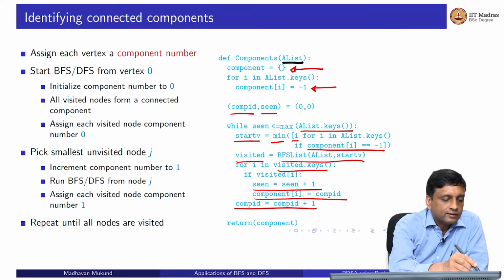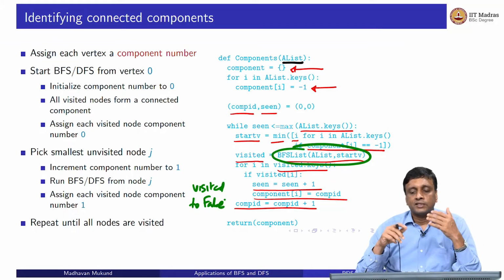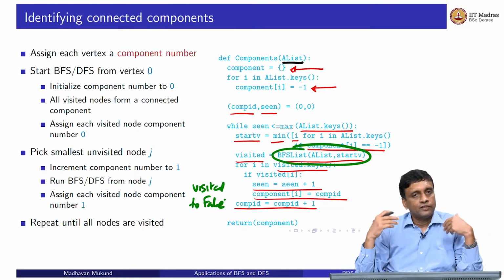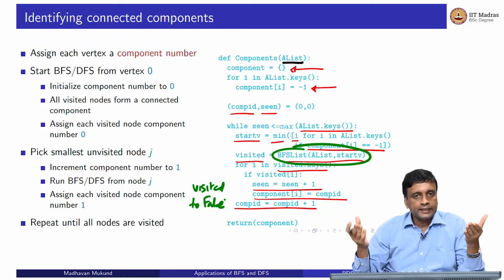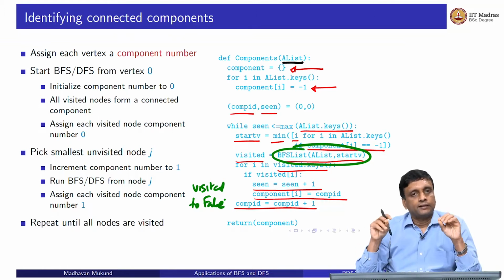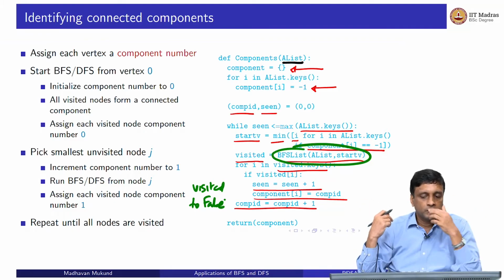The point to note is that this BFS list is going to start with visited set to false for everything. Each time I start a BFS with start V, it is as though I start a fresh BFS on that list, so the earlier BFS values are not there. Each time, the visited dictionary that I get back from BFS is only true for those things which are reachable from that particular node. That is why I am not going to be overwriting the component of anything that I have seen from an earlier starting node.